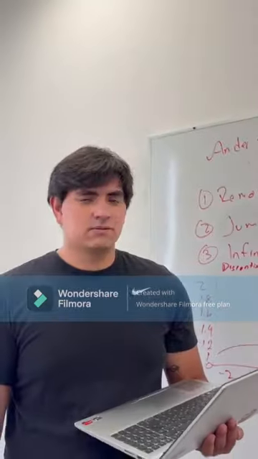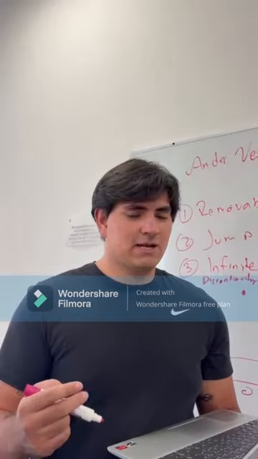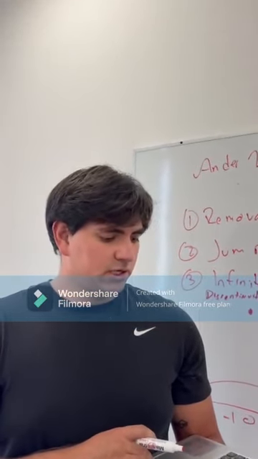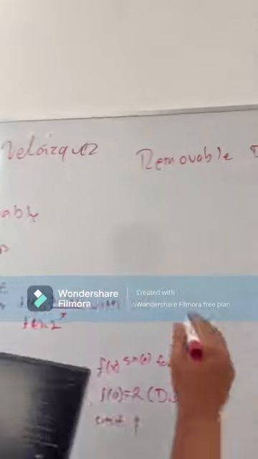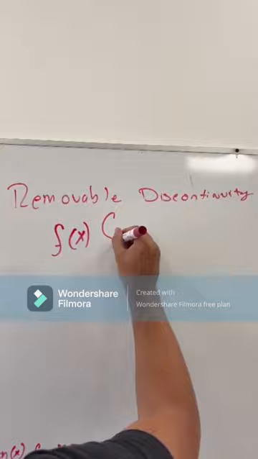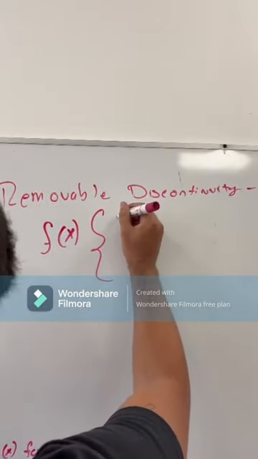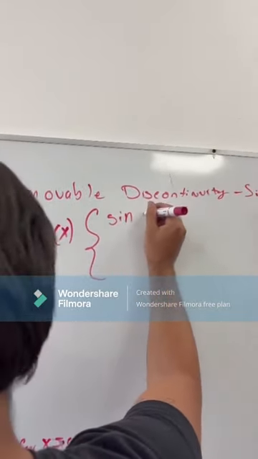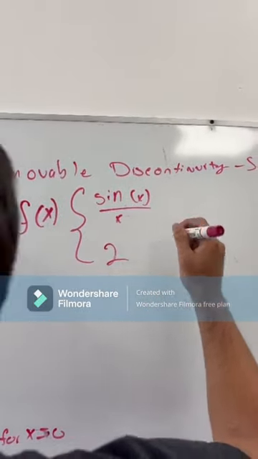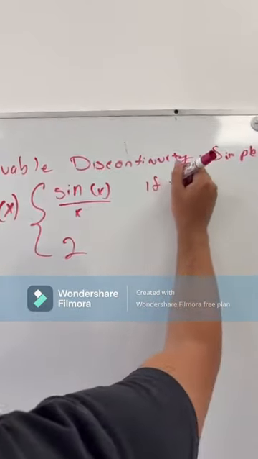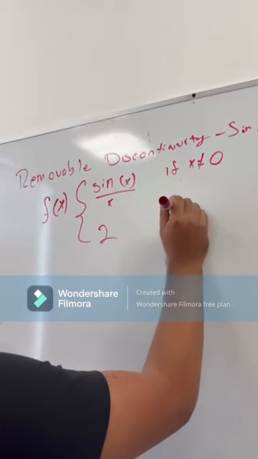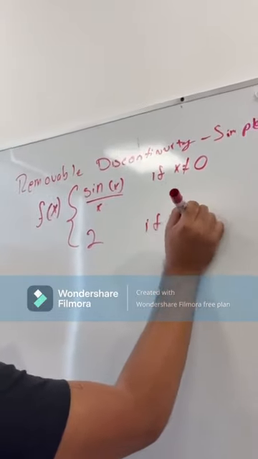Well, hello, I'm here in the elaborate example, and we're going to use this function: f(x) equals sin x divided by x if x does not equal 0, and 2 if x equals 0, okay?